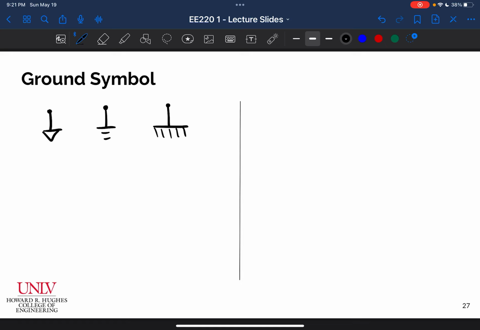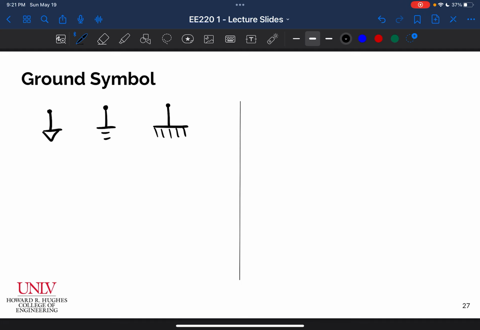For all intents and purposes for this class, we're just going to focus on one aspect of what ground tells us. There are all kinds of grounding techniques and grounding strategies for safety, and circuits that you use have different types of grounds. If you're working with mixed signal circuits, they have analog and digital grounds. It gets very complicated.